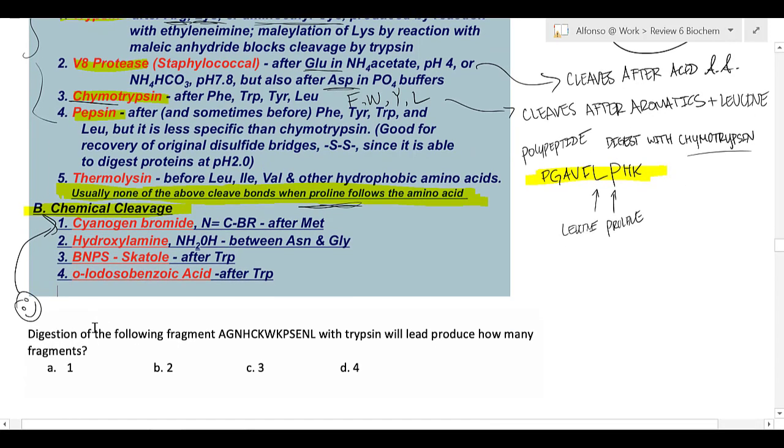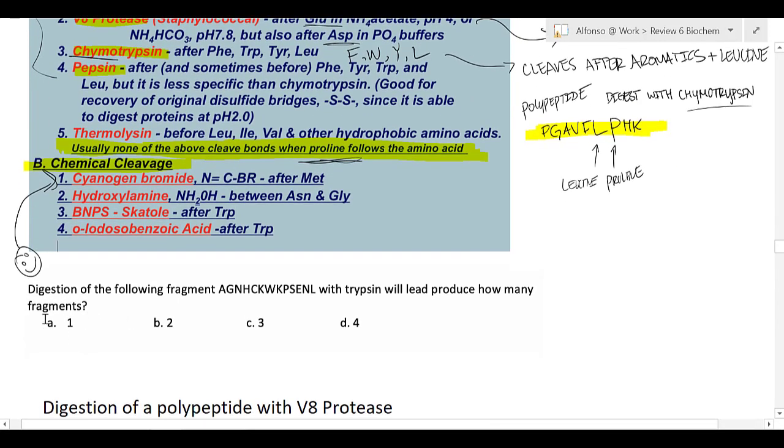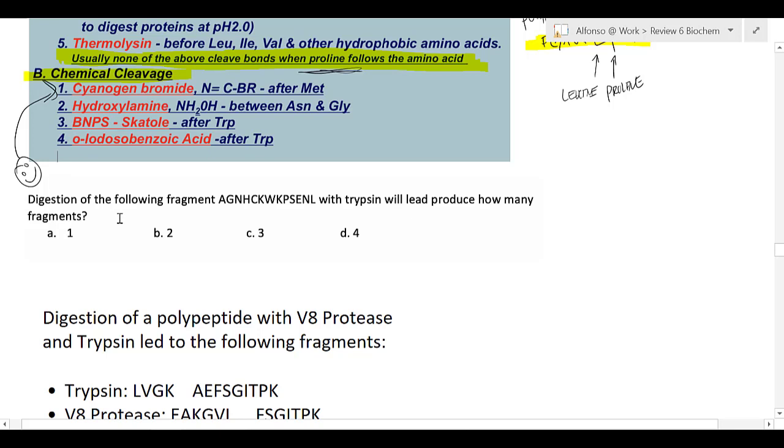All right. So for this question right here, I believe it is number 4. Digestion of the following fragment with trypsin will produce how many fragments? 2. Where will it cleave? Let's see.